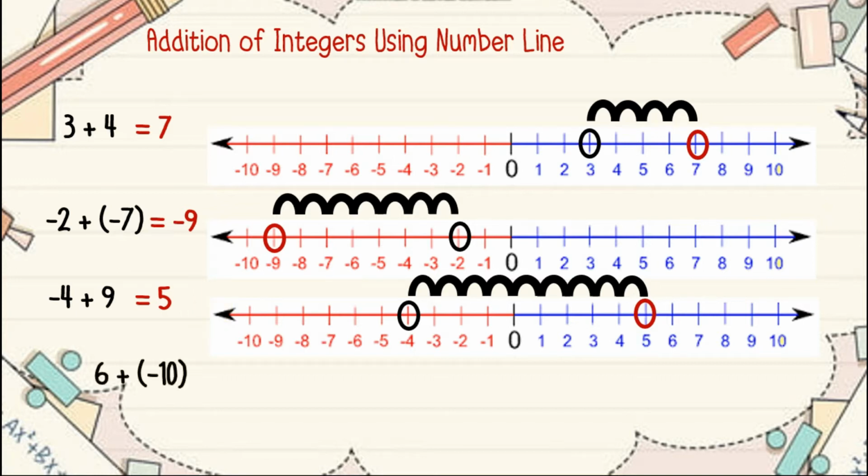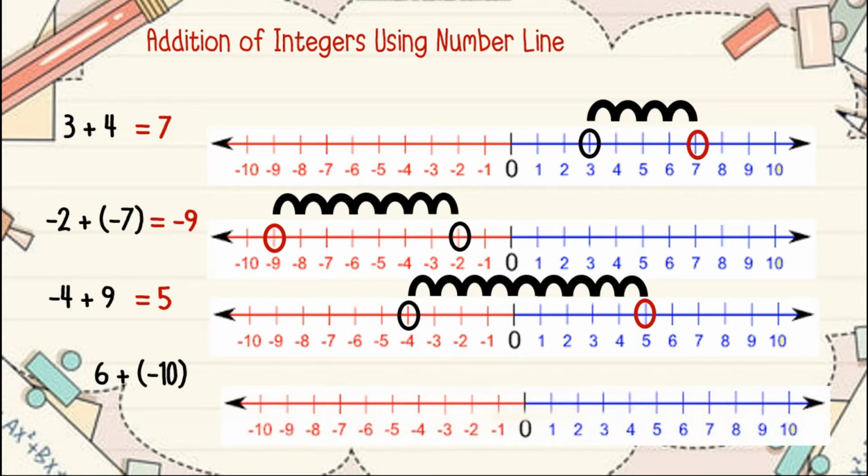Another one, 6 plus negative 10. So we have positive 6. As you can see, 6 is 6 units to the right of 0. And we are adding negative 10.